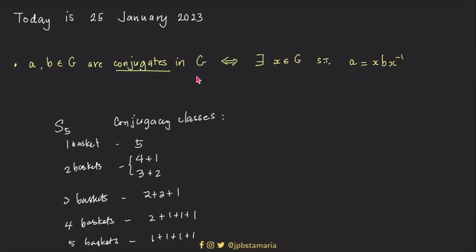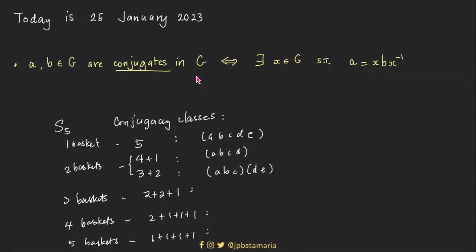Kung ililista mo yung itsura ng mga permutations na nandyan sa bawat type, syempre yung 5 basket, ito yung mga 5 cycles. Okay? Yung 4 plus 1, ito yung mga 4 cycles. Yung 3 plus 2, ito yung product ng isang 3 cycle tsaka ng isang 2 cycle.